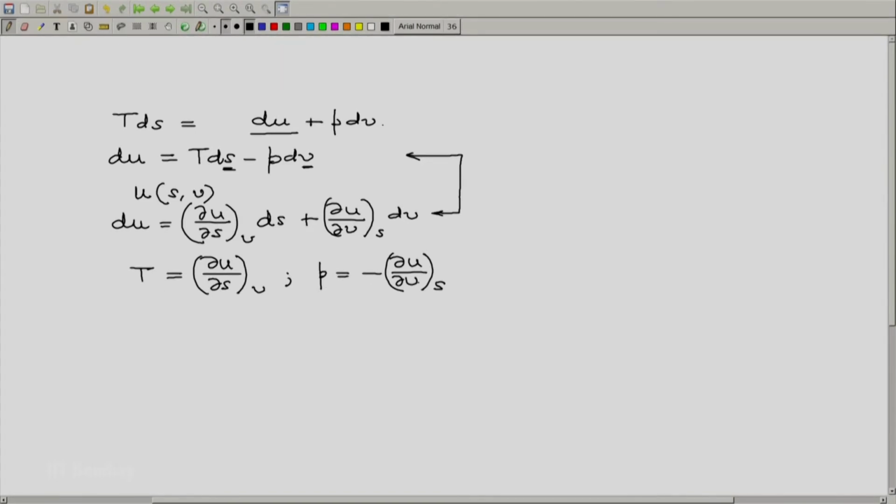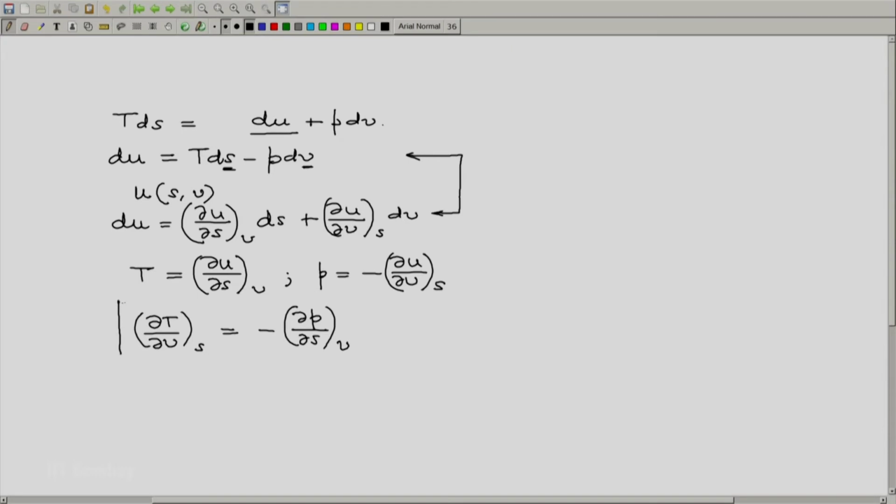Now this is the first derivative relation. Now because the right hand side of this equation is an exact differential, we must have the cross derivative relation also applicable, and hence we get, using the second derivative relation, partial of T with respect to v at constant s is minus partial of P with respect to s at constant v.